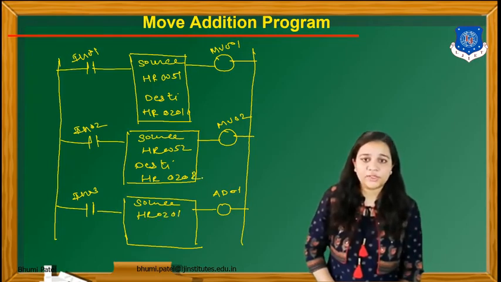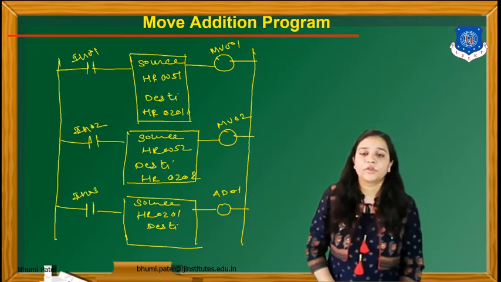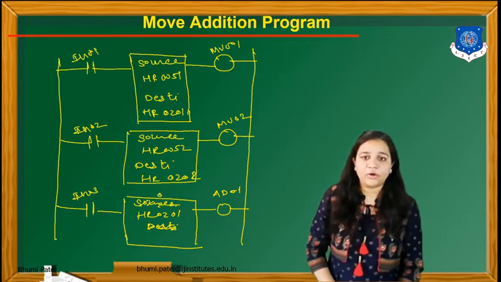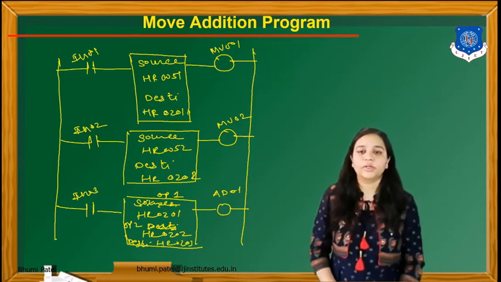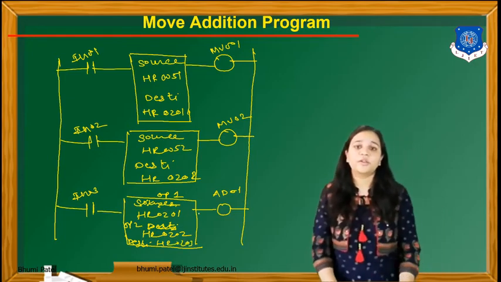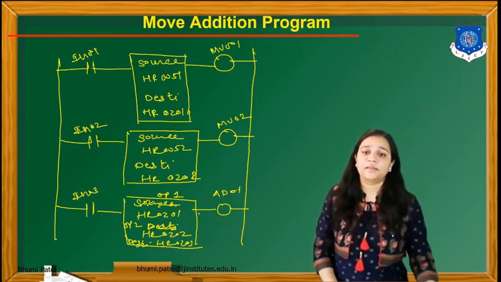Here we have to take 0202, and the destination, sorry, for that addition we have to take operand 1 and operand 2, that is equal to HR0202 and then destination HR0203. Okay, so whatever data is given for these two, operand 1 plus operand 2, we can get the answer.